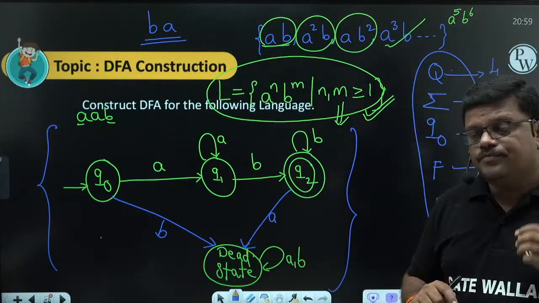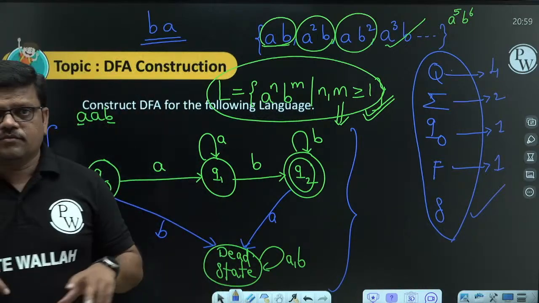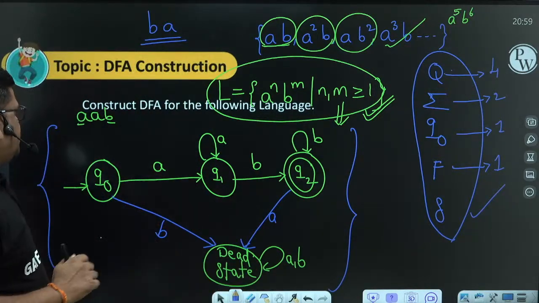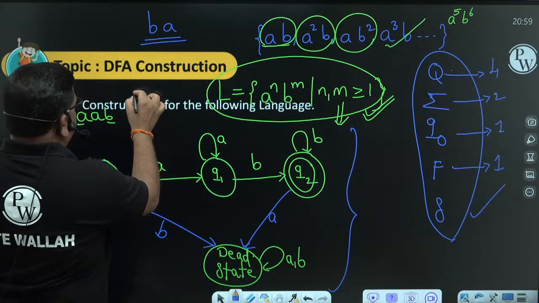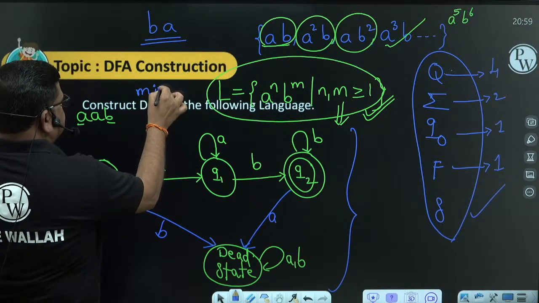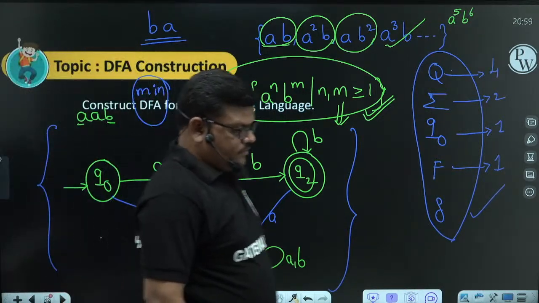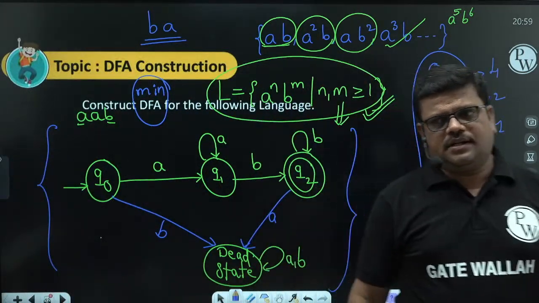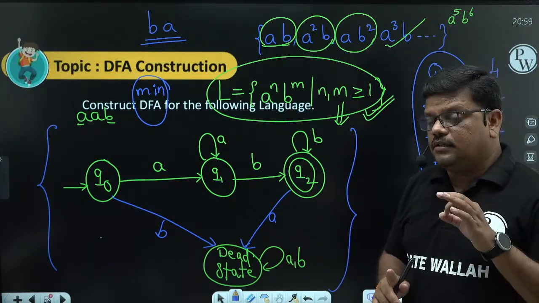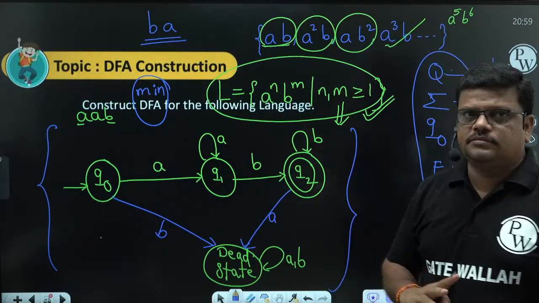Third one is, just construction is not sufficient. Minimal state construction, because sometimes the question will be, construct a minimal state DFA. So just construction itself is complex, and definitely in GATE papers they'll ask questions on minimal state DFA.